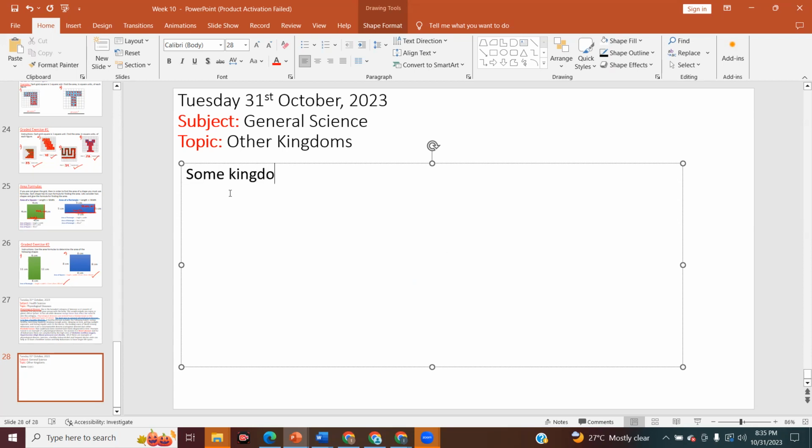Some kingdoms are neither plants nor animals. They may be placed in one of three kingdoms below.